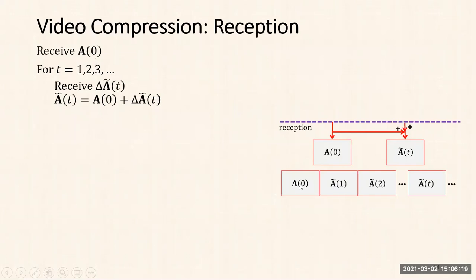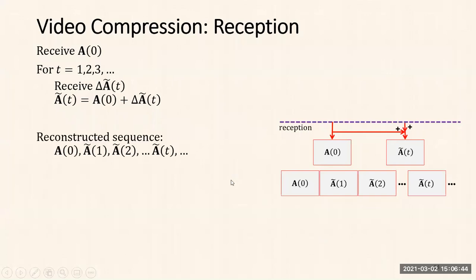A0 is the original image, and this is the difference image, delta A tilde t. We add the two together and get an approximation of A_t: A tilde t is A0 plus delta A tilde t. So this is the reconstructed sequence.